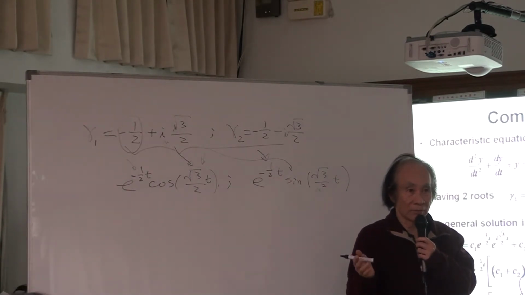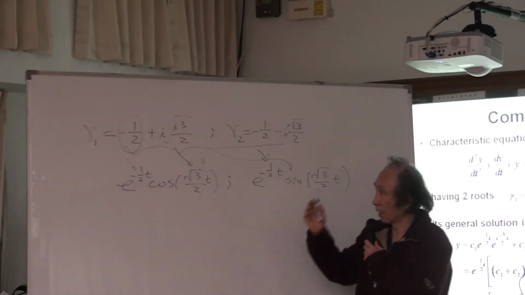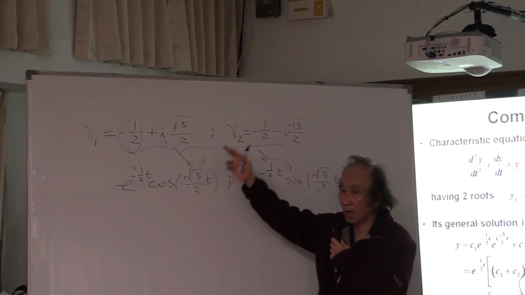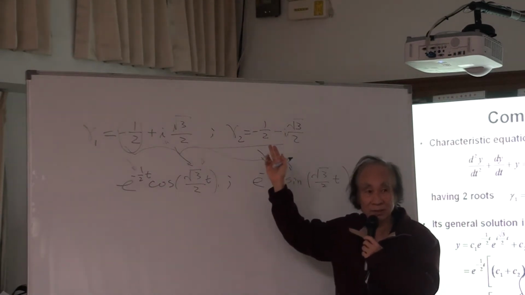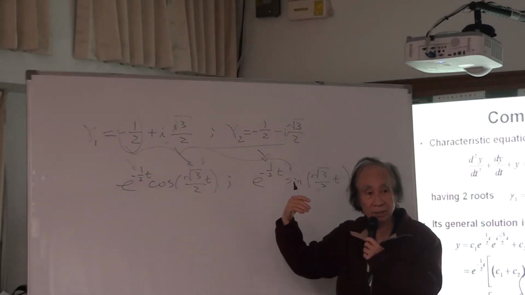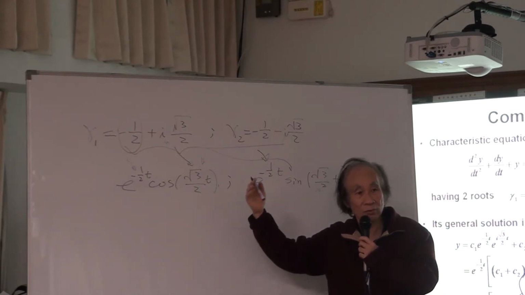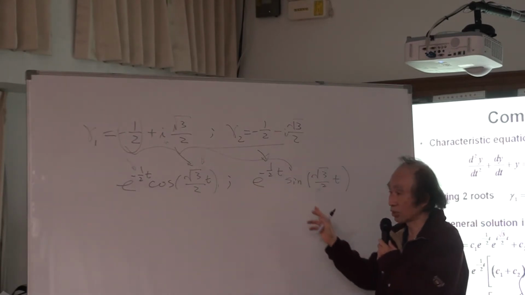Have you heard about complex dynamic response? No. Always real dynamic response. If you want a real dynamic response, your roots must be complex conjugates, because the imaginary part will be eliminated when you write in terms of cosine and sine.